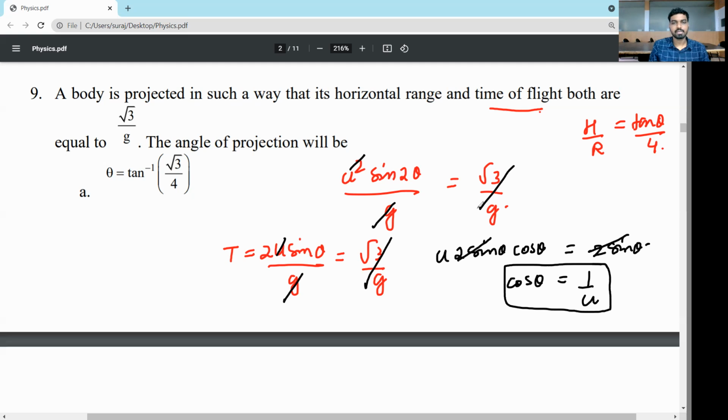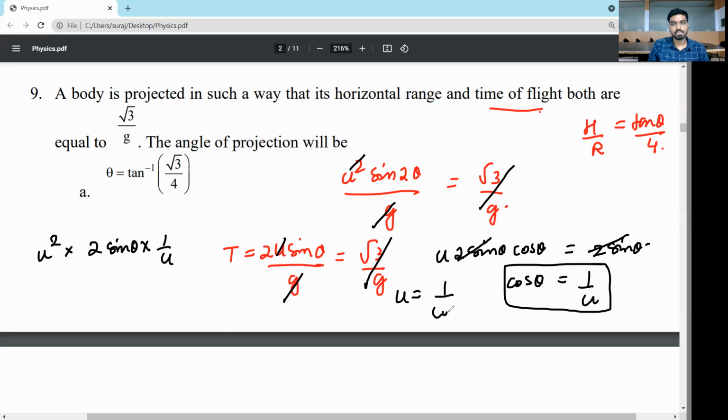So u value you can easily find. G will get cancelled. I'll write here u square. This I can write as 2 sine theta cos theta. Or the u value you can directly write.